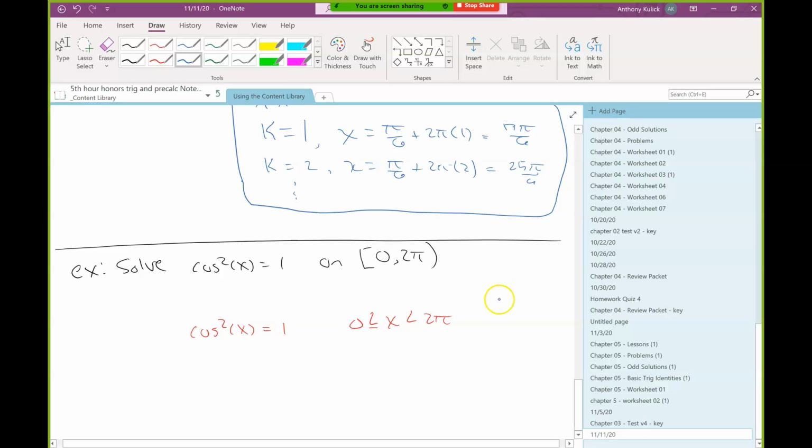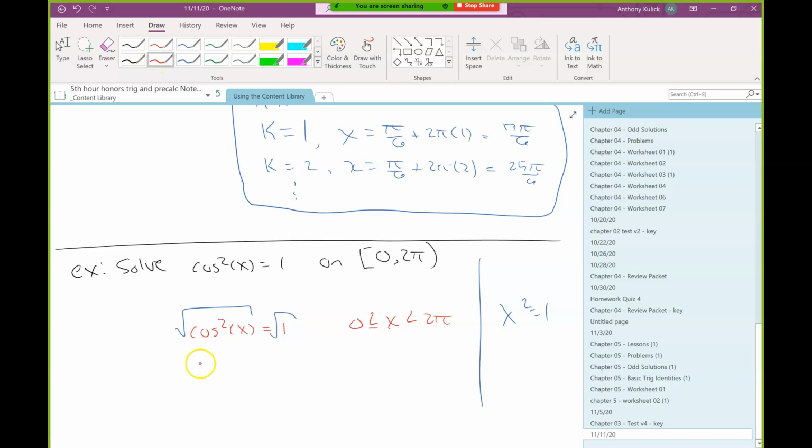So if this was just x squared is equal to 1, what would you do first? Square root both sides, right? That's what we should do first here to get rid of the squared on the cosine. Now remember, when you square root both sides of an equation, you get a plus or minus.